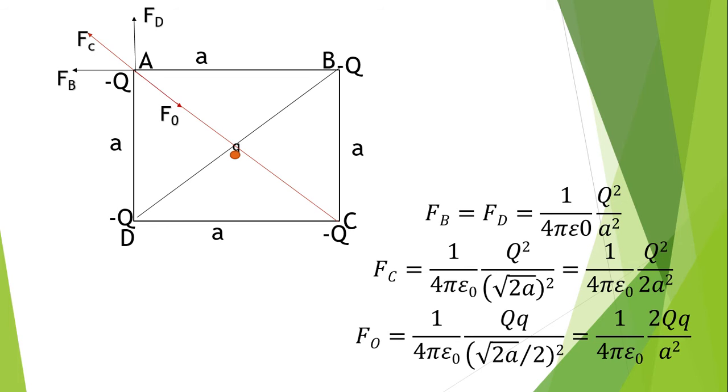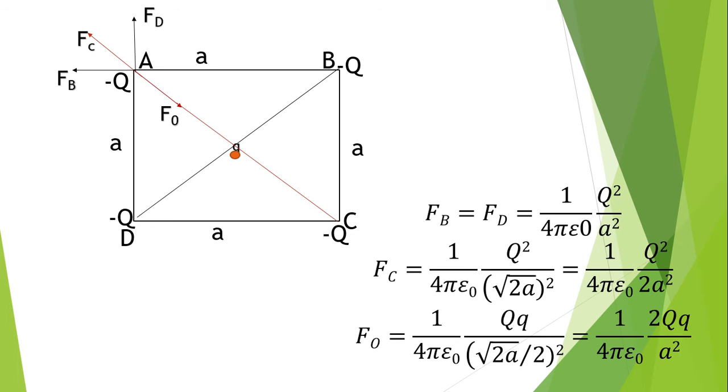Okay, so the Coulomb force acting on minus q charge due to the small q charge at the center of the square is F0. The direction of F0 is toward the center because the force is attractive in nature.